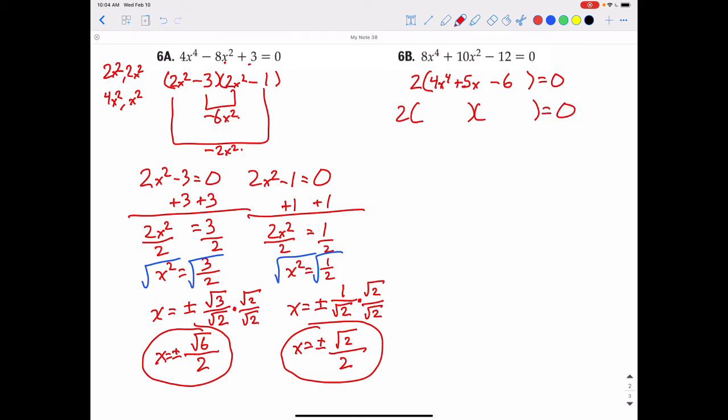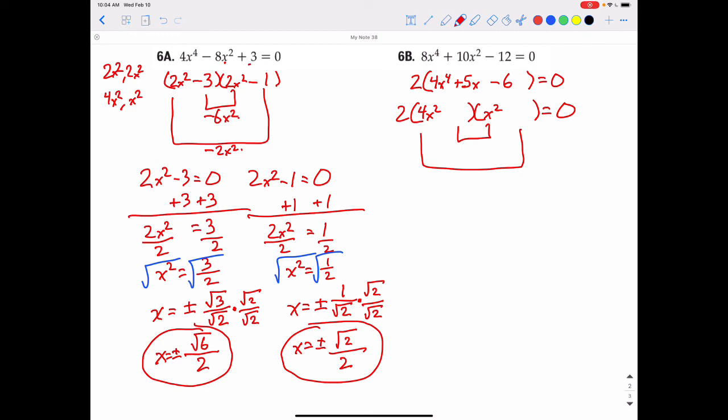And again, we can split up 4x to the fourth as 2x squared and 2x squared, or 4x squared and x squared. And for the sake of time, I'll go ahead and tell you it's 4x squared and x squared. And we need factors of negative 6 that will add up to equal positive 5.